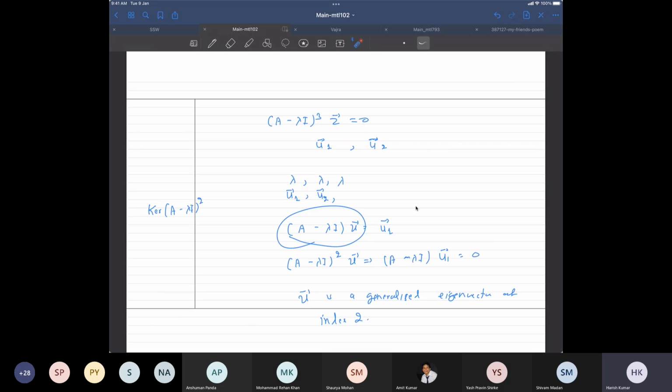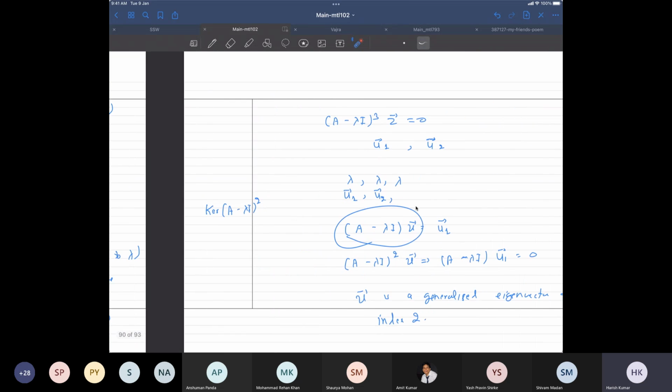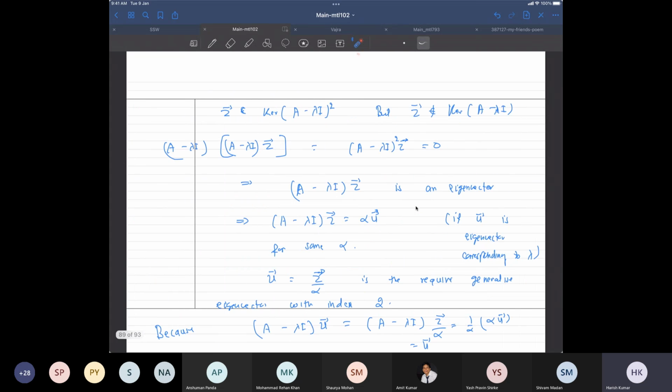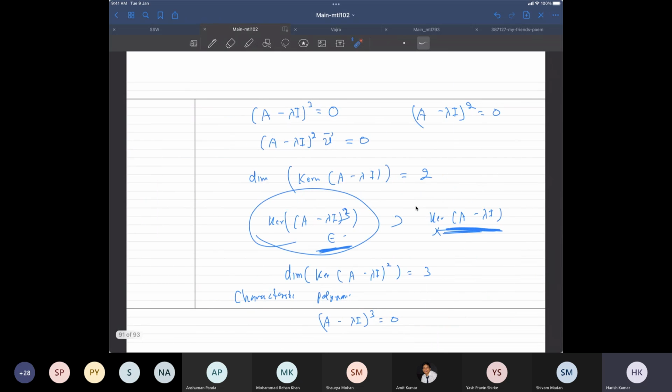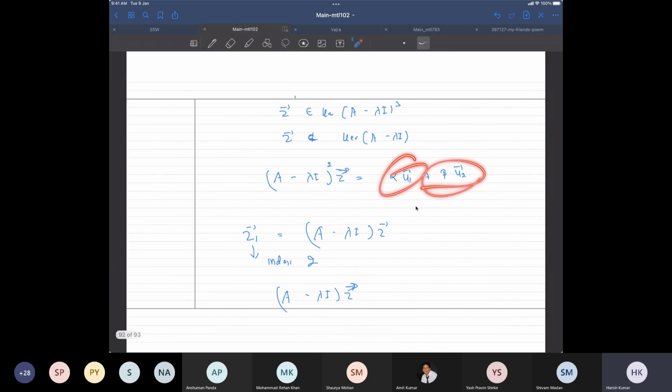So I don't need to care about the other eigenvector. I can just take one and find the other two. This discussion can be carried out without considering these two cases. Just pick one and carry forward.